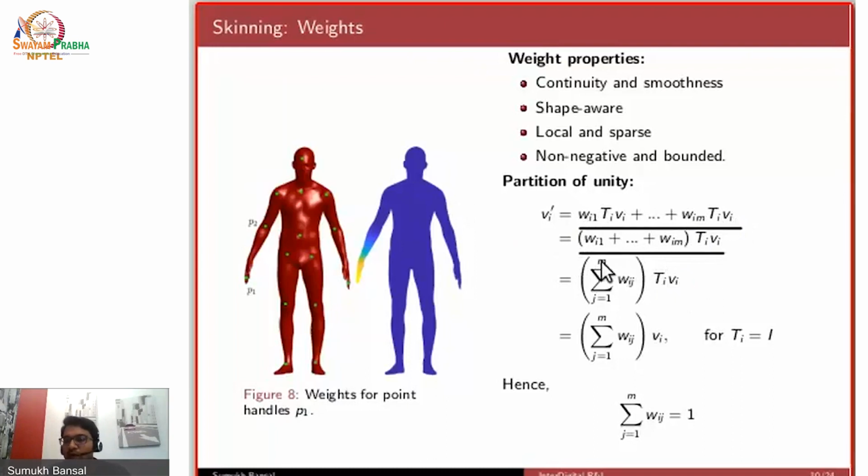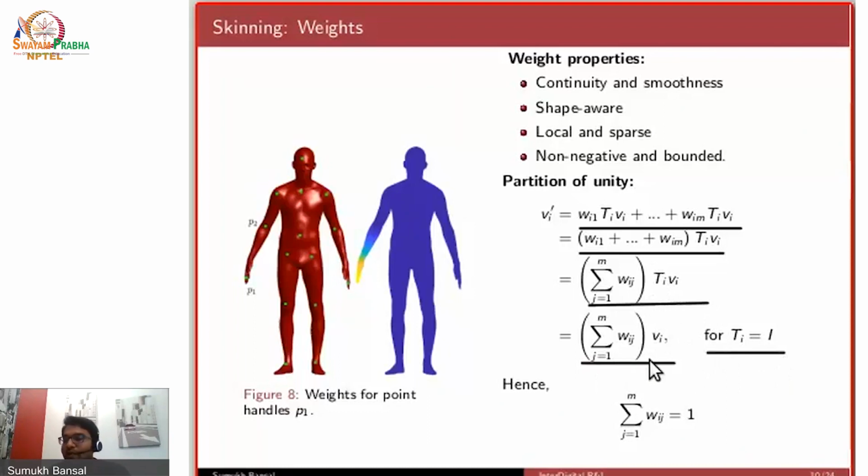And now what we are left with is the sum of weights multiplied by the transformation Ti applied to vertex Vi. So we can write it in this expression over here. And now if you take Ti as identity, that means there is no transformation being applied on the control structure. So if you put Ti equal to identity, you are left with this expression.